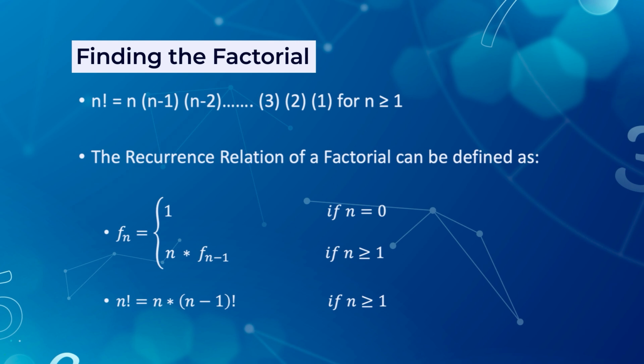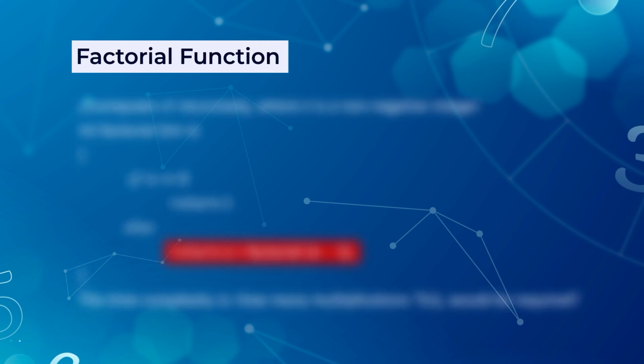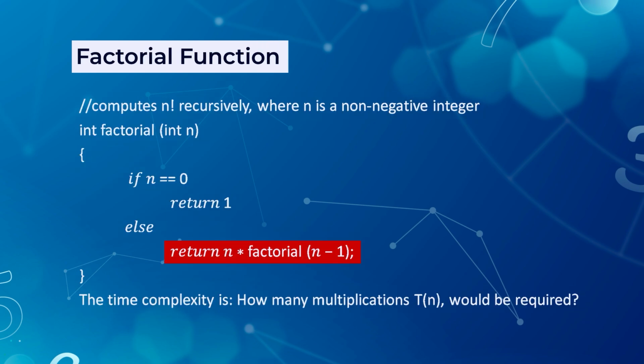So, that is the way we define any recurrence relation. Well, a factorial function, as far as a program is concerned, can be written recursively, where n is a non-negative integer value. We can write it as int factorial, which takes one parameter n, an integer. We check if n equals 0, then it returns 1.